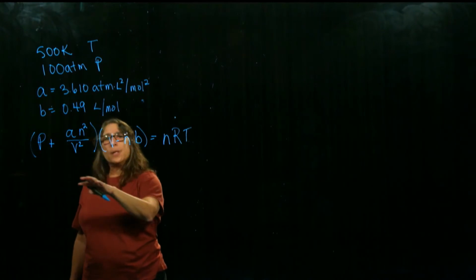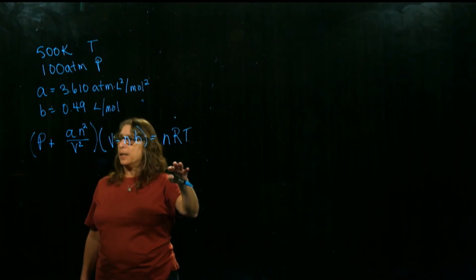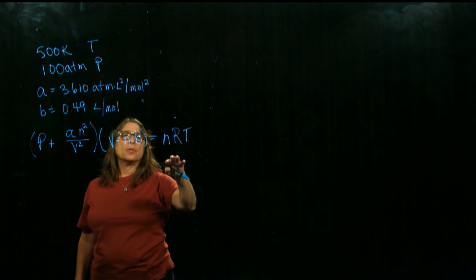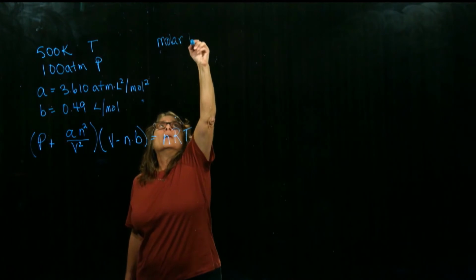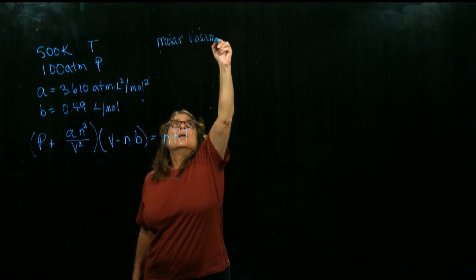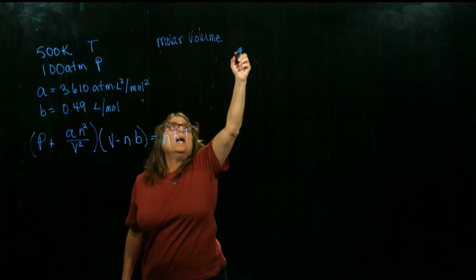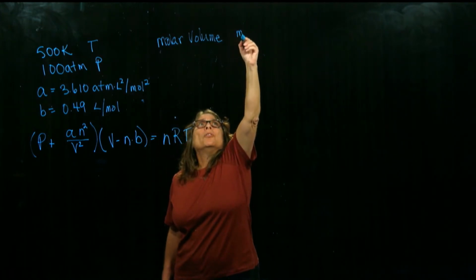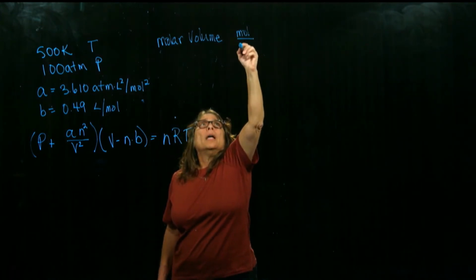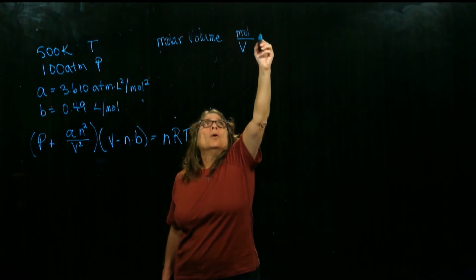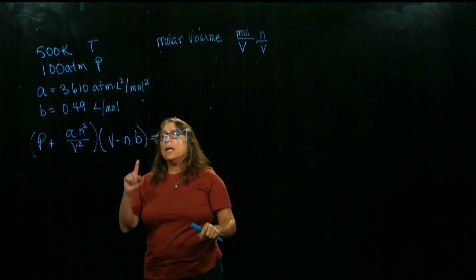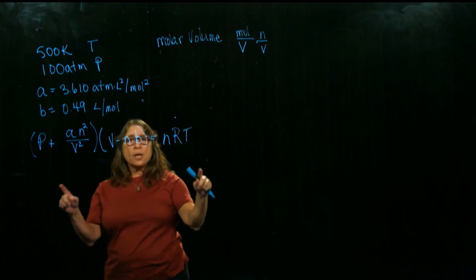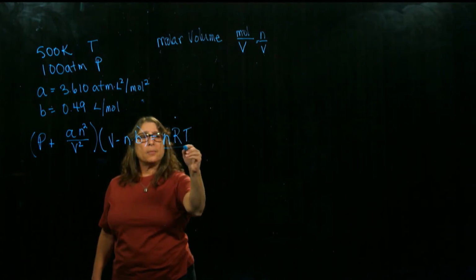So I'm going to have to rearrange this equation a little bit in order to figure out what the molar volume is. And that's how many moles there are in a given volume, or N divided by V. And so, if I divide both sides by N, let's see what happens.